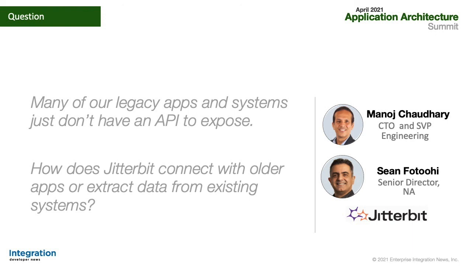I can take that. So each endpoint looks different. Let's say the user has an endpoint which does not have a REST API or a SOAP API, we have a Java-based SDK, which allows our users and customers to build the connector, which they can use.